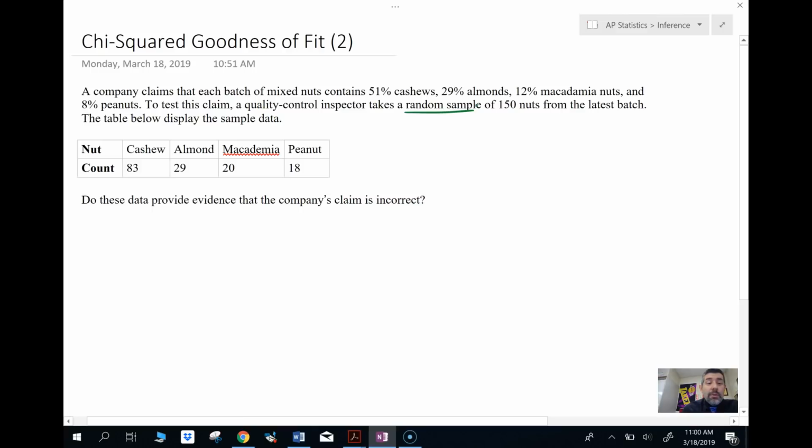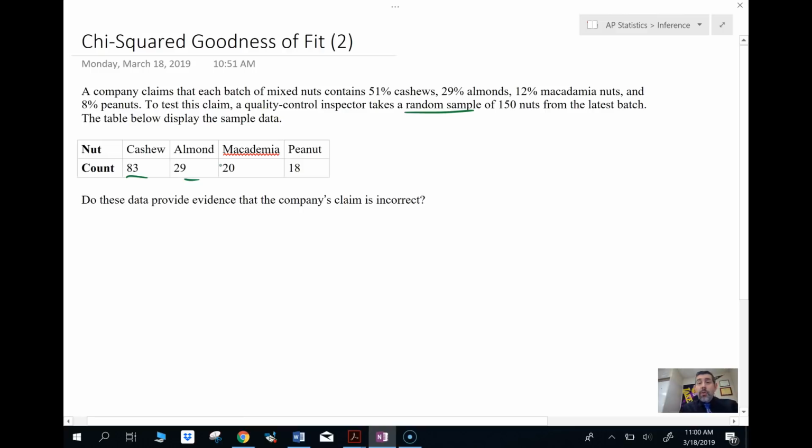So we have counts. Whenever we have multiple categories, not just two but more than two, and they are counts, we're going to look at a chi-squared goodness of fit test.